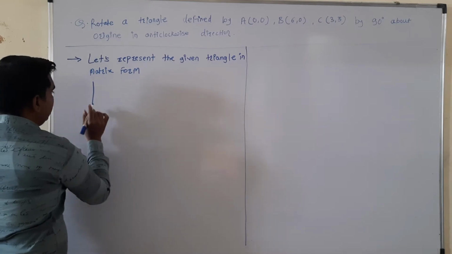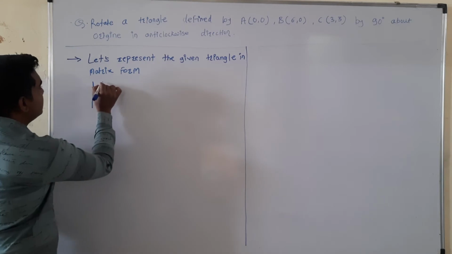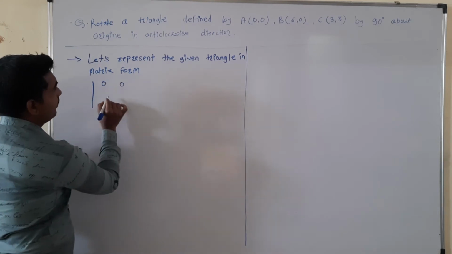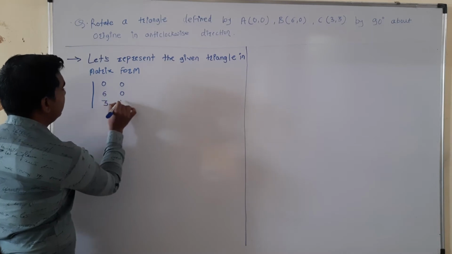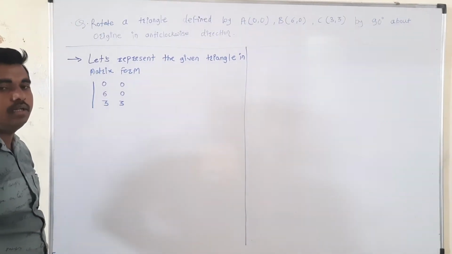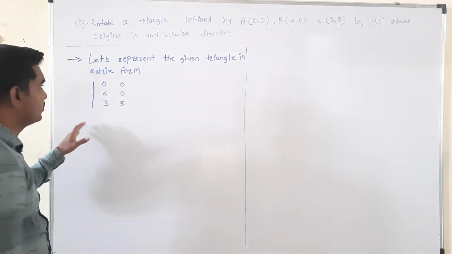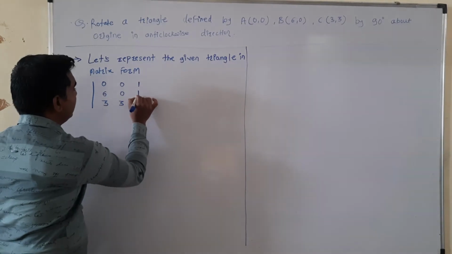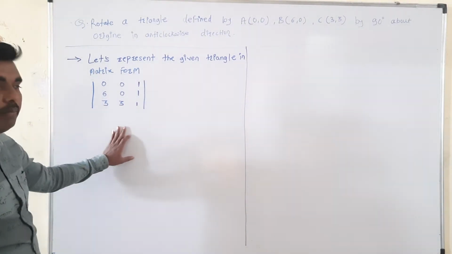The matrix representation of the given object, that is the triangle, is 0, 0, 6, 0, 3, 3. But we have to represent the given object in homogeneous coordinate system matrix form. So I will write here 1, 1, 1. This is the representation of the given object in matrix form.